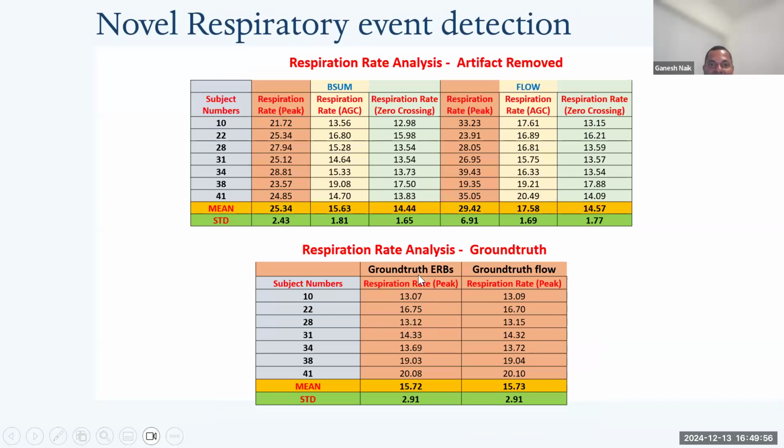We can see that without the ground truth, the respiration rates were very high because of the artifacts and all those things. But when we use the ground truth algorithm, it matches the polysomnography airflow data, that's the gold standard, while this one is coming from the electroresistive band from the t-shirt. So this was very important for the algorithmic development for the study as well.